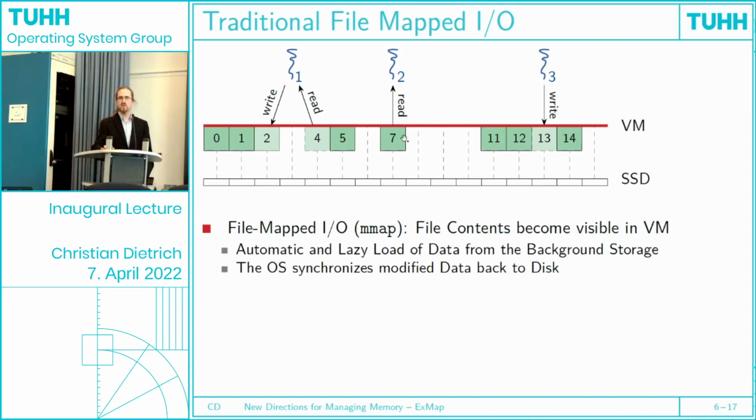And by that we establish a one-to-one mapping between the virtual memory surface and some blocks on the SSD or within the file. And then when you access some part of the virtual memory surface where the data is not yet loaded, the operating system will bring the data into a physical memory page and present it to you. So we have an automatic and lazy loading of data from the background storage.